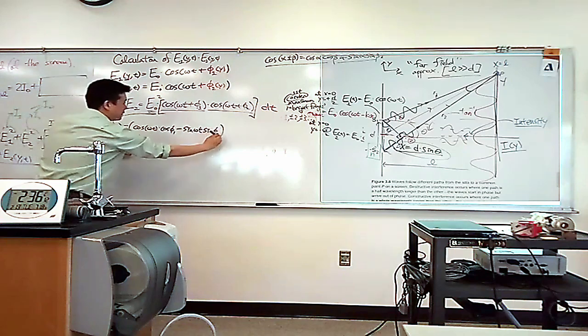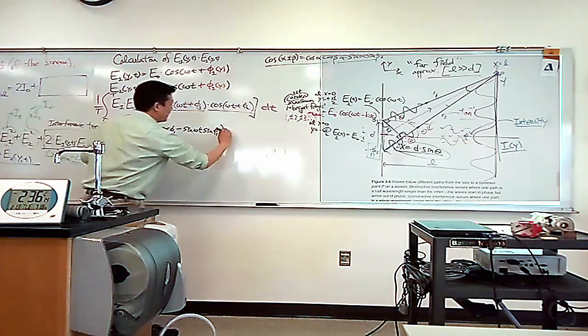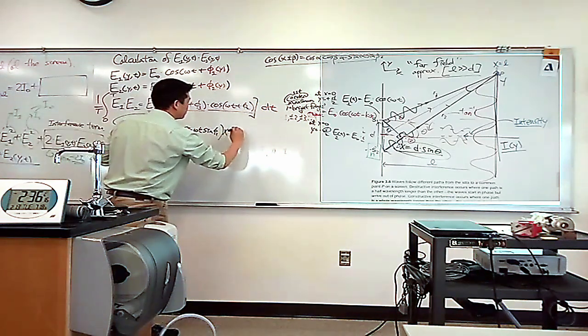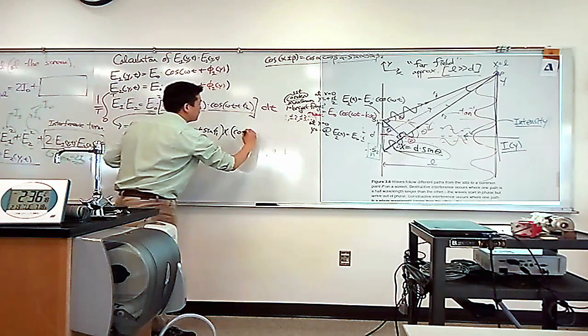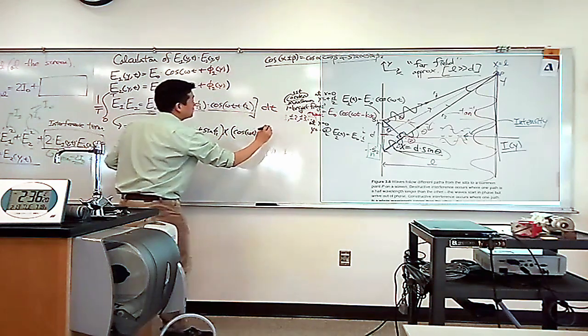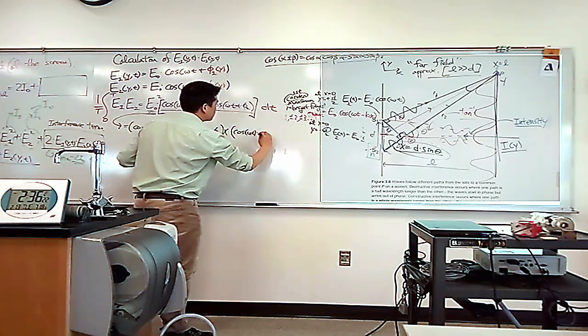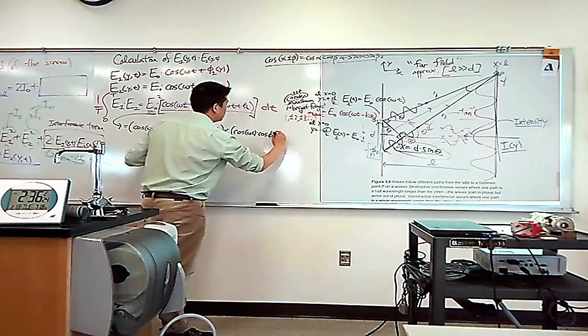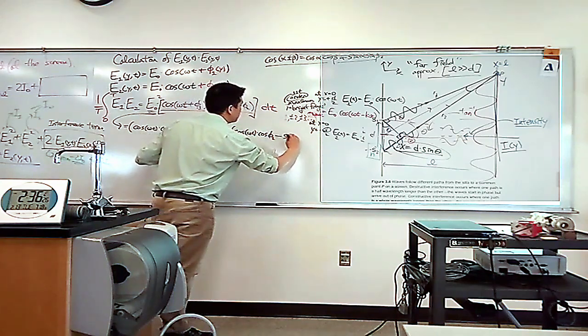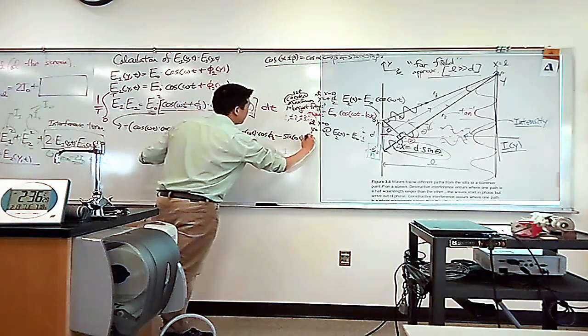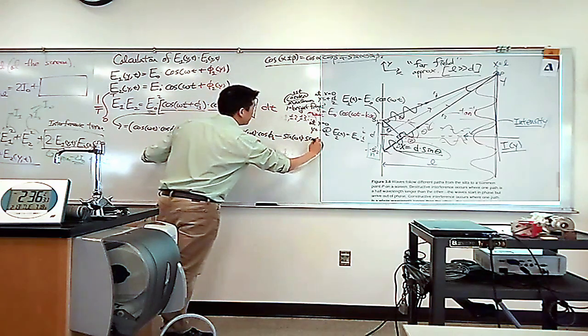All right, that's my first term times the second term, cosine of omega t times cosine of phi2 minus sine of omega t times sine of phi2.